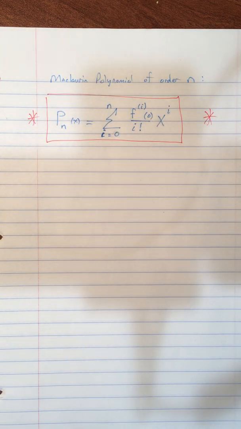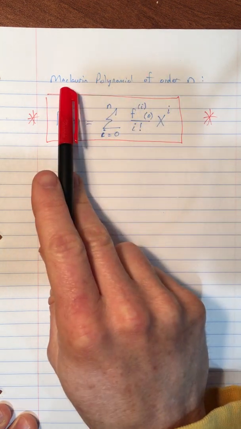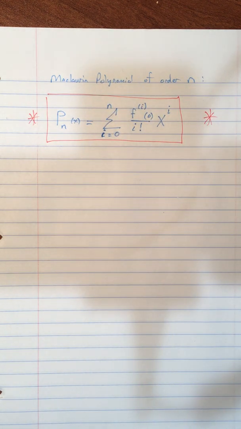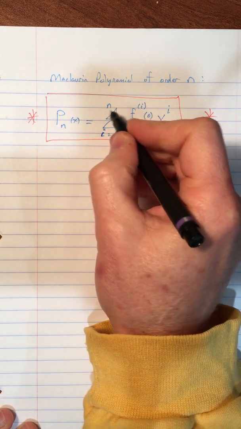Now, at this point, we can't kick this can down the road any further. We have to talk about what these two phrases mean. What does it mean to be Maclaurin? What does it mean to be order n? Order n simply refers to the biggest number you plug into this sigma notation.